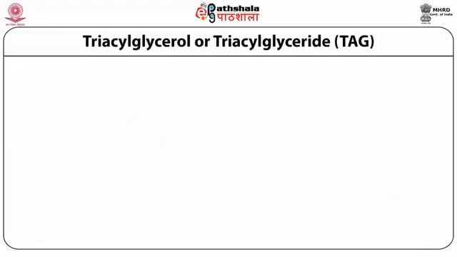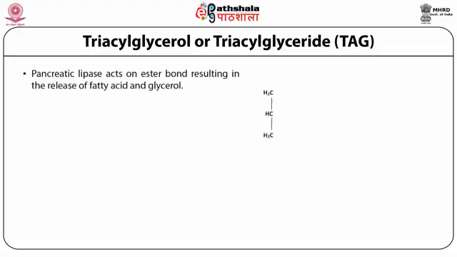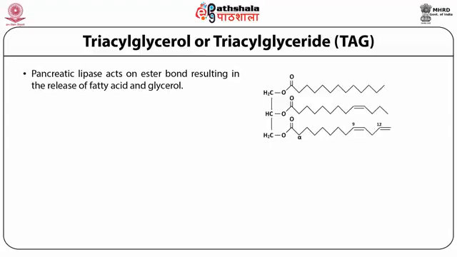In duodenum, lipids or fats cannot be absorbed in triacylglycerol or triglyceride form, and hence hydrolyzed by the pancreatic lipase that acts on the ester bond, resulting in the release of fatty acid and glycerol.